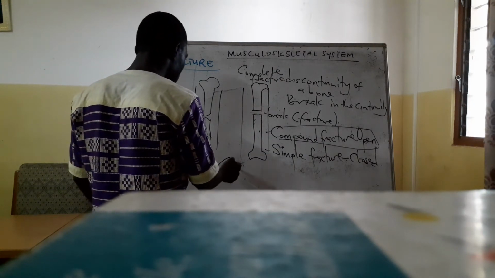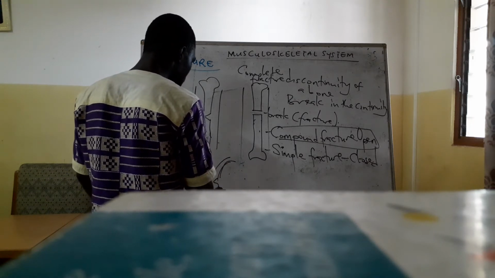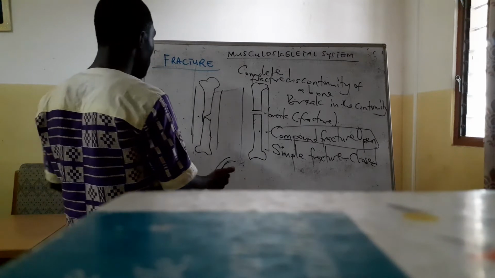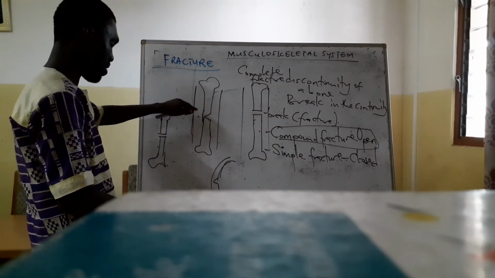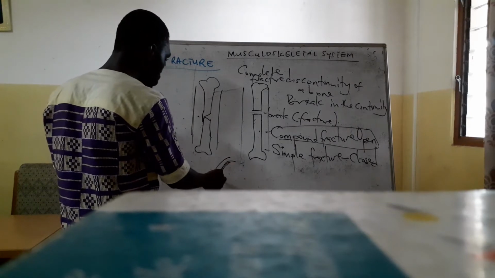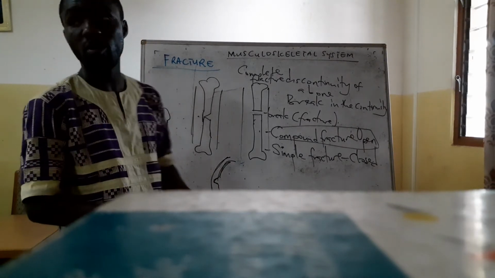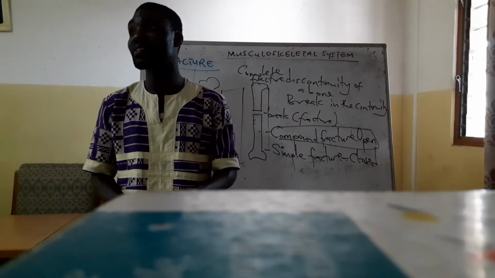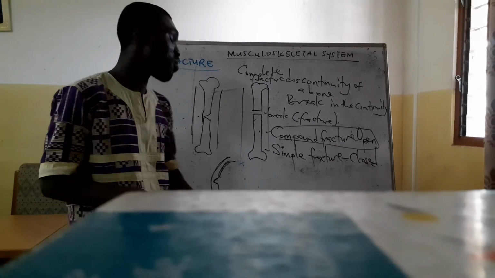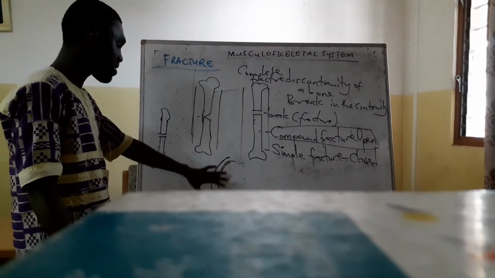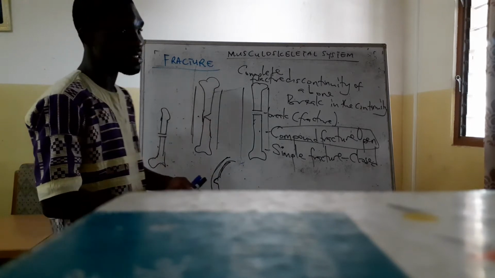One of them is known as greenstick fracture. Greenstick fracture is mostly a type of incomplete fracture, because part of the bone is broken and the other part is bent. It's more common in children.